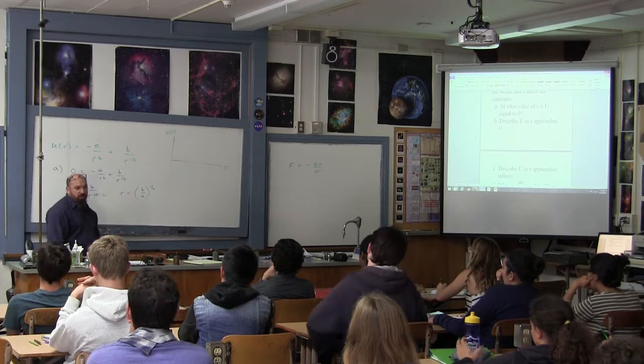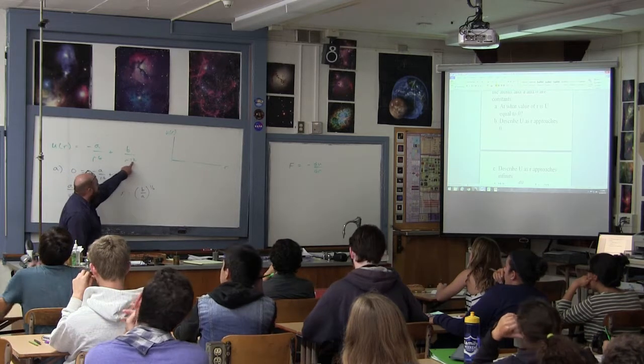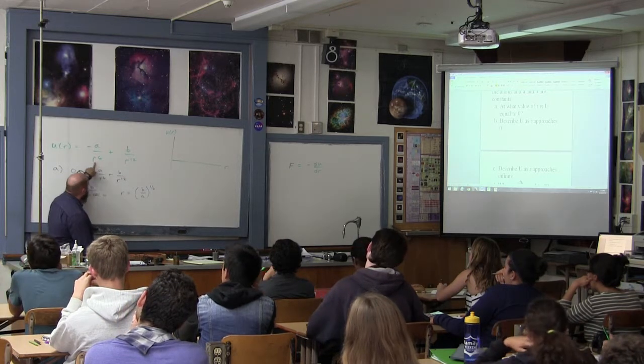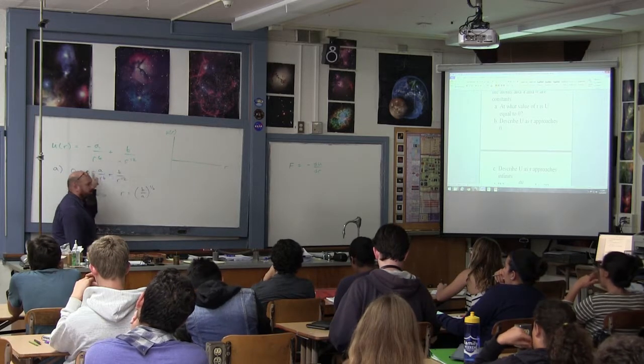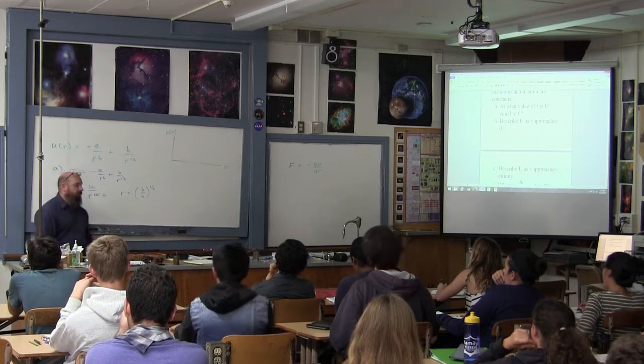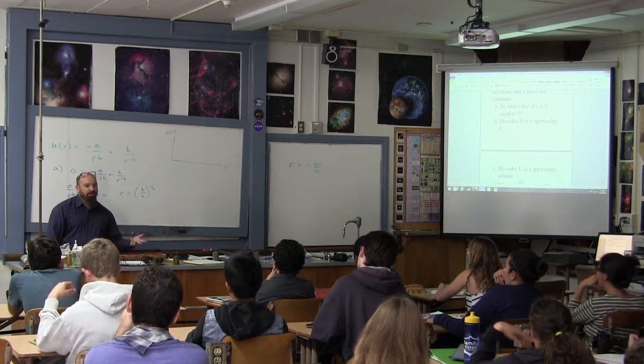Again, the positive term gets bigger faster than the negative term does. This is an R to the 12th down here as opposed to an R to the 6th. So if you set R equal to 0 and end up with infinity, is it positive infinity or negative? It's positive infinity.